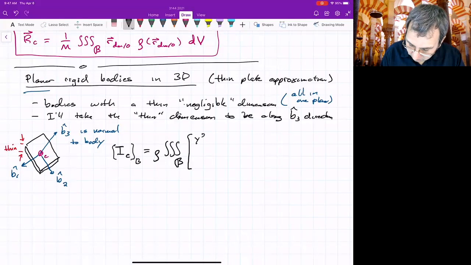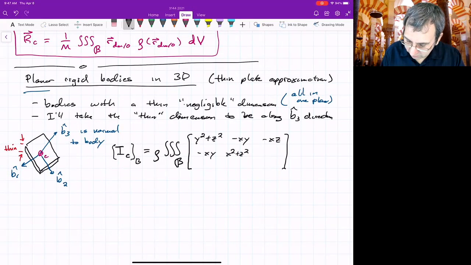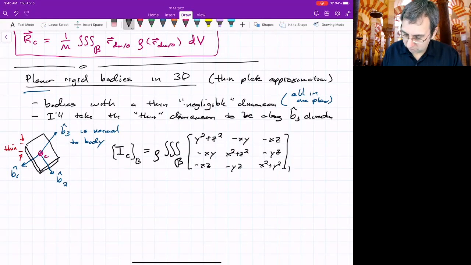So we have y squared plus z squared, negative xy, negative xz. That's the first row. And then this is again negative xy, this is x squared plus z squared, negative yz, negative xz, negative yz, x squared plus y squared, dx dy dz. So x is along the B1 direction, right?